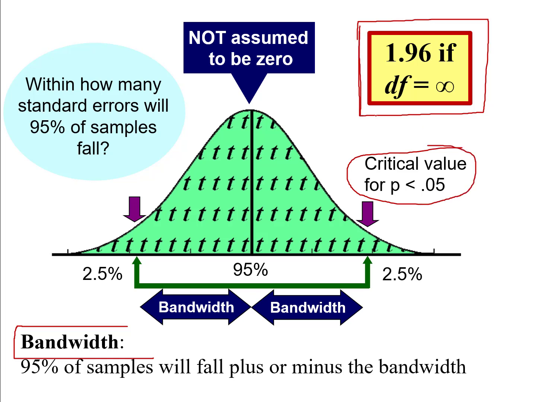Then I know 95% of the time samples will fall plus or minus 1.96 standard errors from my true population parameter. And so 1.96 is my bandwidth. 95% of the time, samples will fall plus or minus 1 bandwidth from that true population parameter.